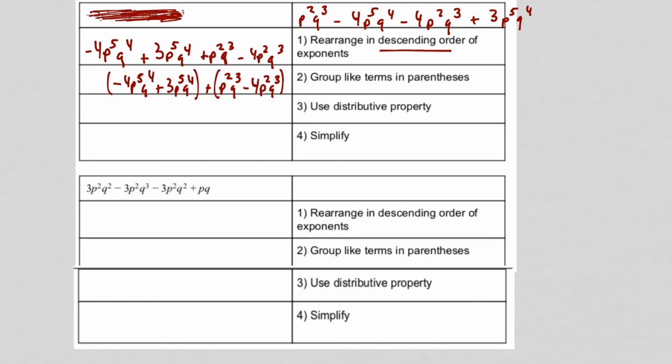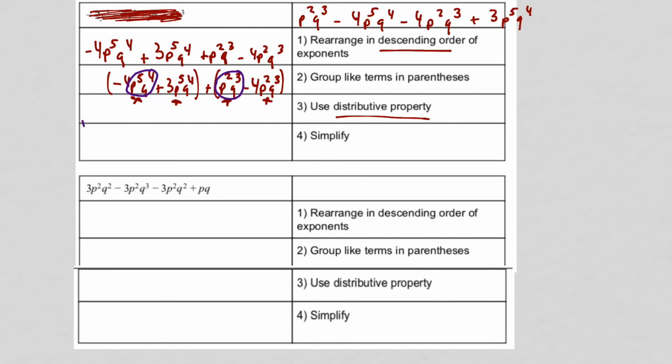Okay, and now I'm going to use the distributive property so I can pull out their common factor. And let me use a different color to highlight what the common factor is. The common factor in these are these things.